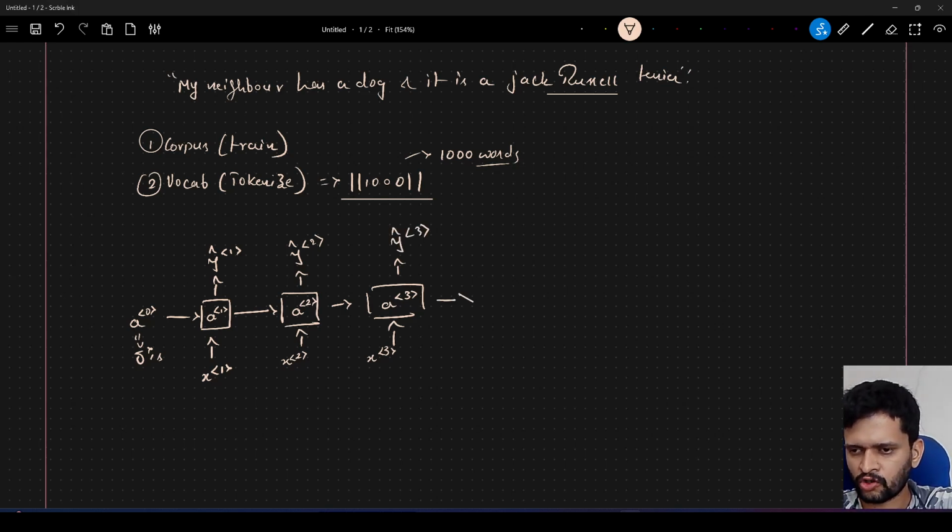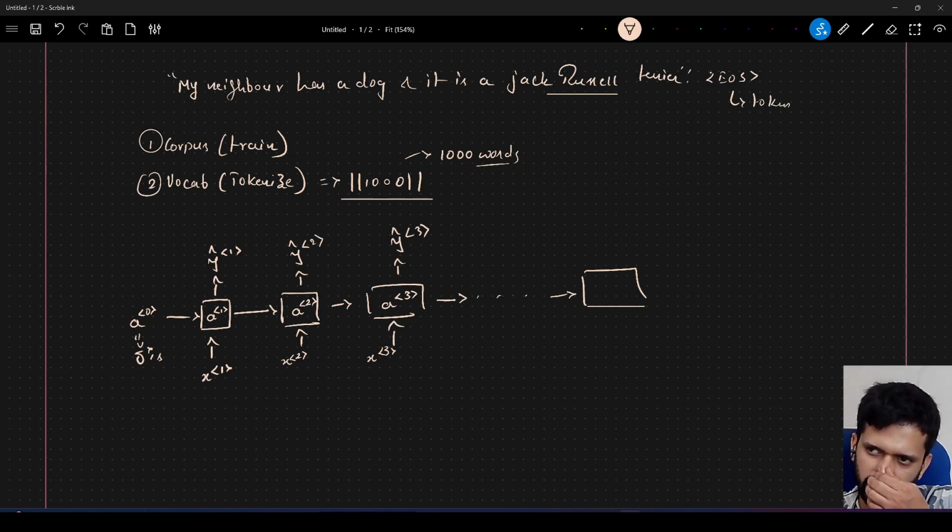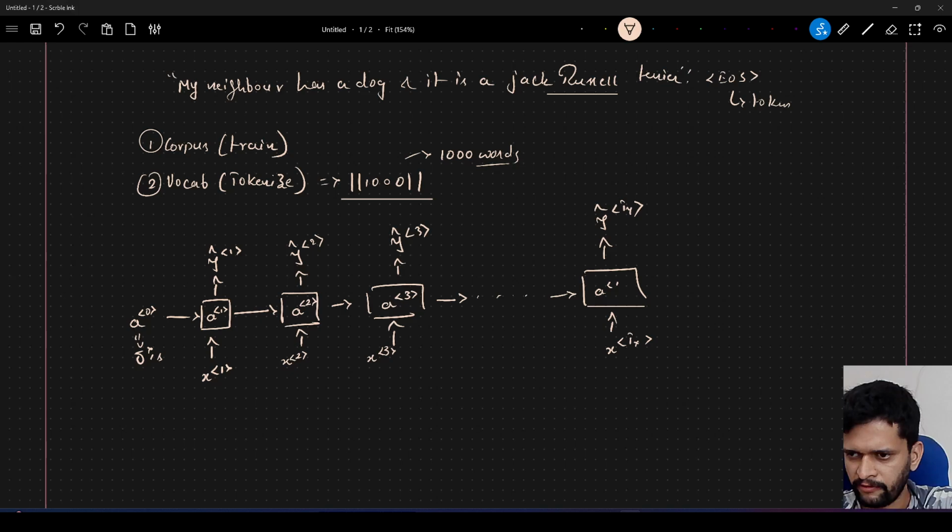In order to stop somewhere, we need something called an end of statement token, EOS. Once we encounter this, we need to stop sentence generation in our language model. So I'll say XTX, y hat TY, and ATY.